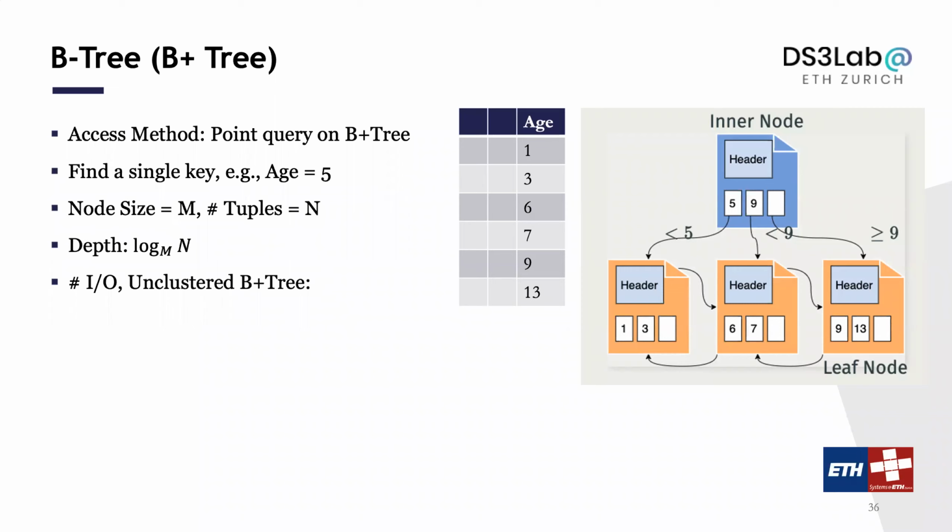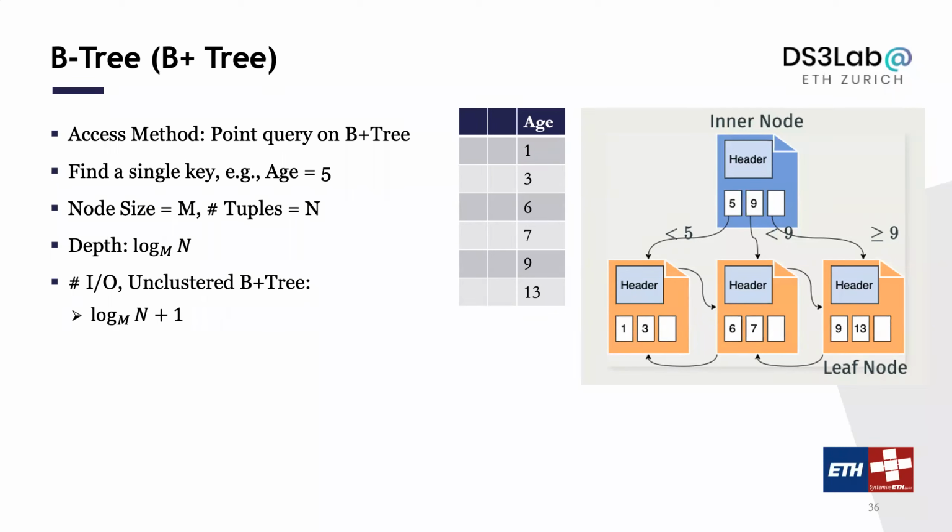So if you are talking about unclustered B+ tree, what is the number of I/Os I need to answer this point query? Essentially, I'm going to traverse the tree, which is going to incur log_m n number of I/Os, because every single time I need to fetch one page from the hard drive to my buffer, and then I go one layer down.